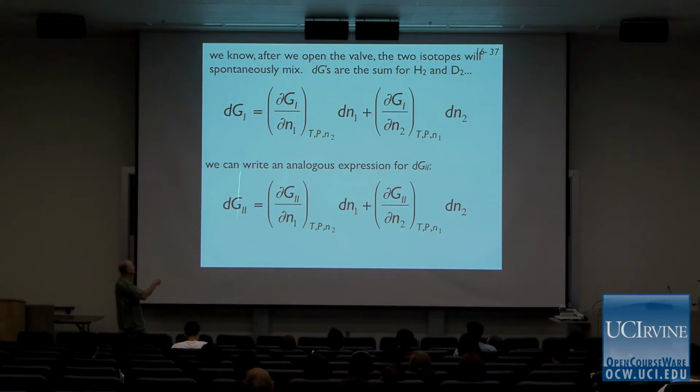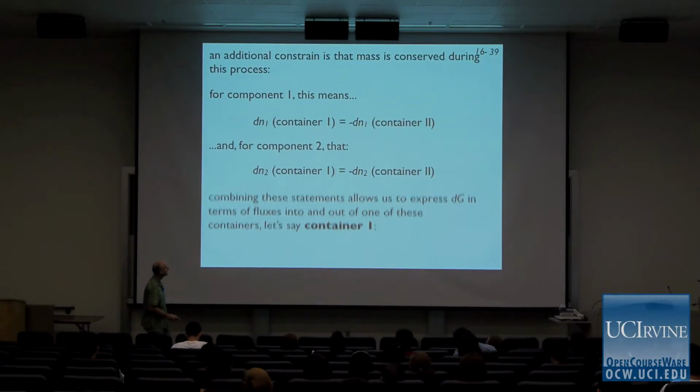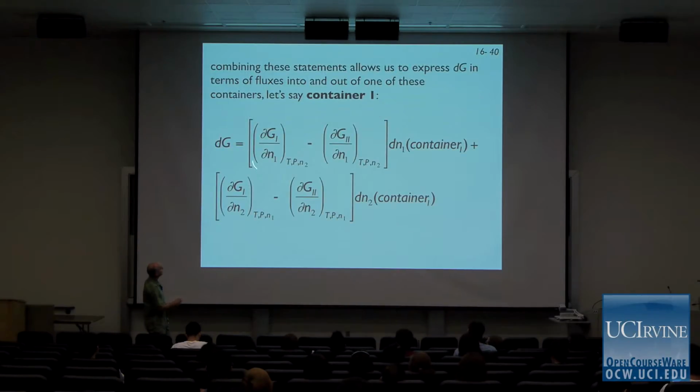I've added these two things together, and I've reorganized these terms so that I've got only hydrogen terms in that first part. Let me show it to you again. These are only hydrogen terms, and these are only deuterium terms. I've just done a little algebra. If you sit down with a piece of paper, you'll see this is actually pretty straightforward to do.